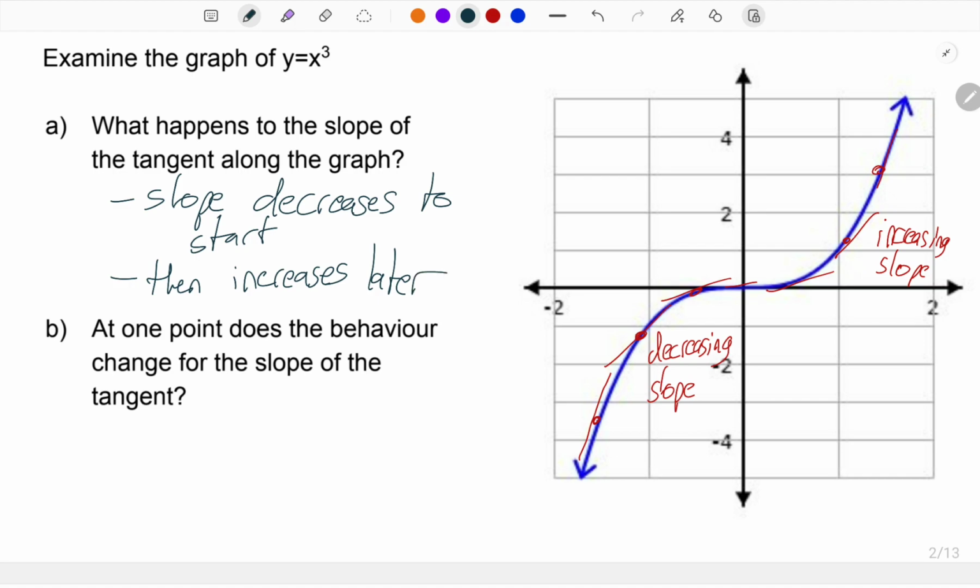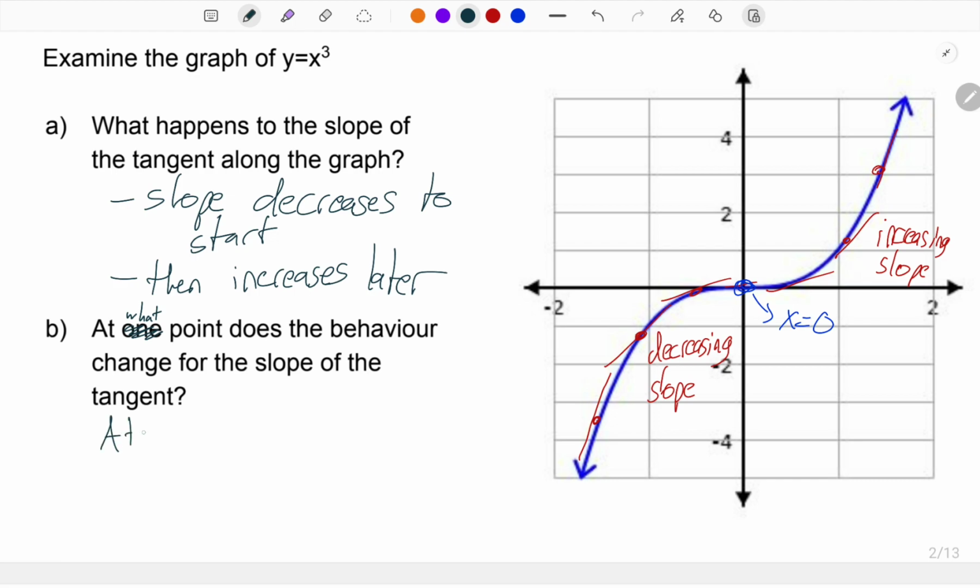And in fact, we can see exactly where that changes. So at what point does the behavior change for the slope of the tangent? Well, it looks like at x equal to 0, right around there, that's where it flattens out, but then the behavior changes.